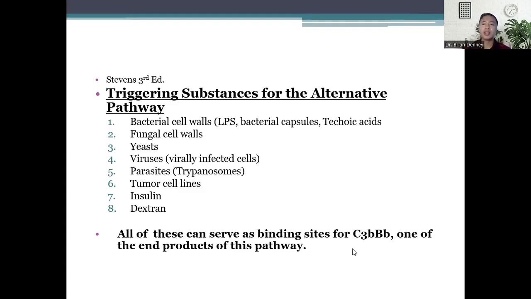So do not confuse yourself. The C3bBb here is the C3 convertase in your alternative pathway. Later, I will explain this in detail, but for now, please take it in by heart: C3bBb is the C3 convertase in the alternative pathway. I will discuss that in detail. Do not worry.